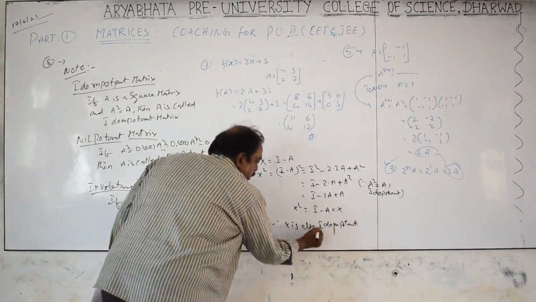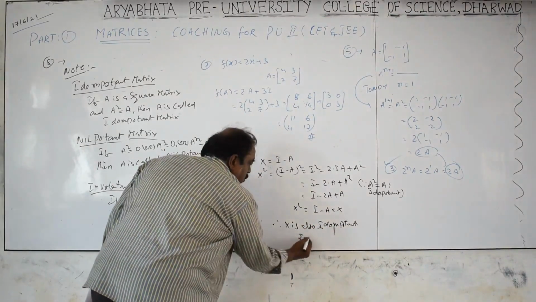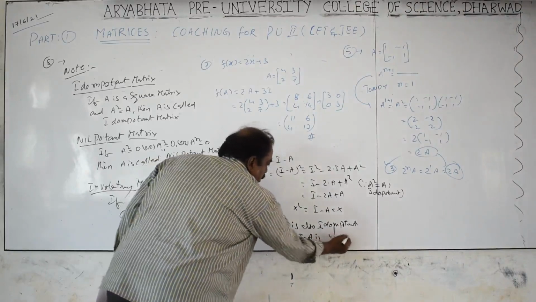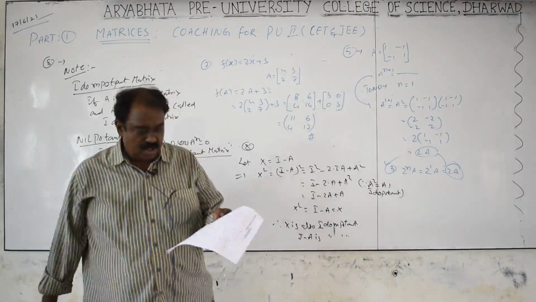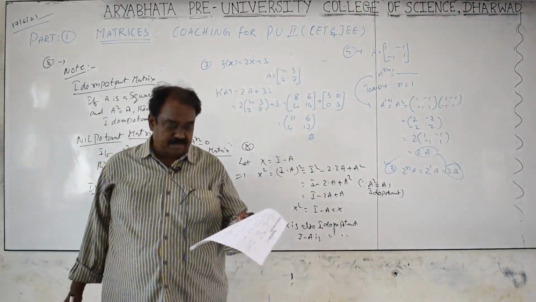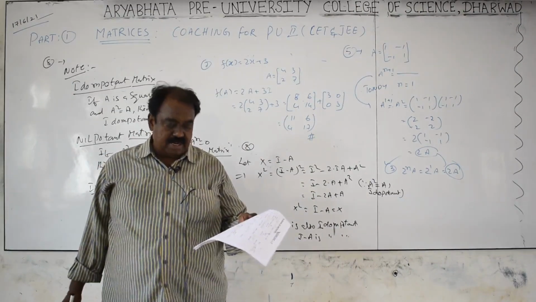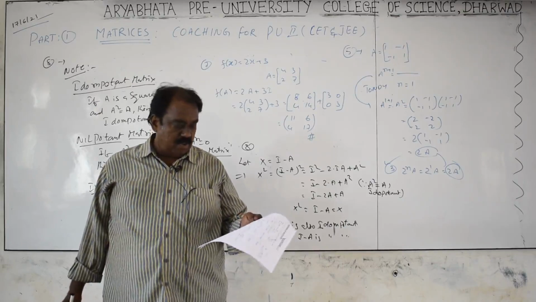X means I minus A is idempotent. So I think it is the fourth option.